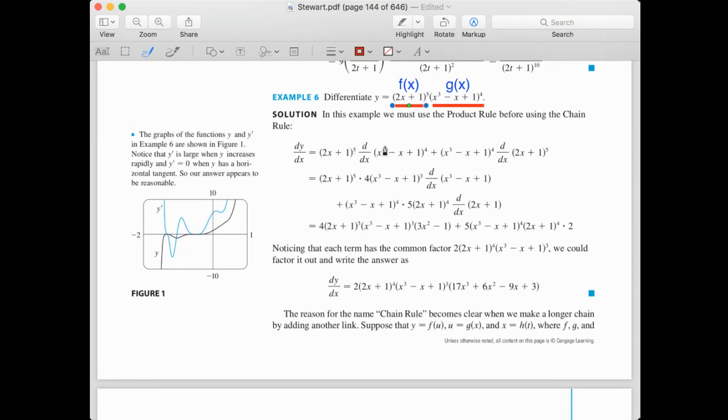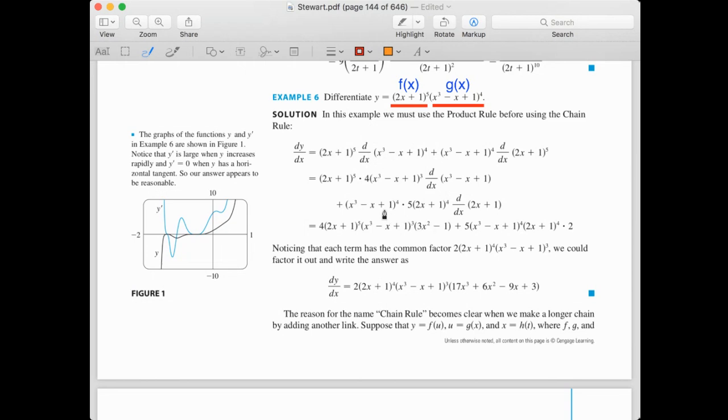So derivative of this, chain rule, we do 4, move 4 up front, then subtract 1 from the 4, get a cube, we get 4 times x cubed minus x plus 1 raised by 3, then multiply by the derivative of inside. What's the derivative of inside? 3x squared minus 1.